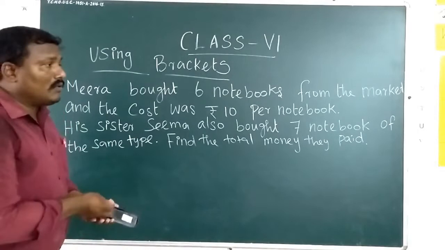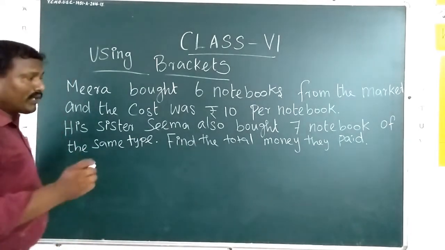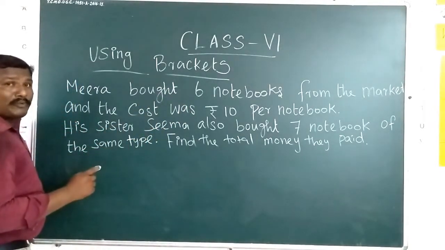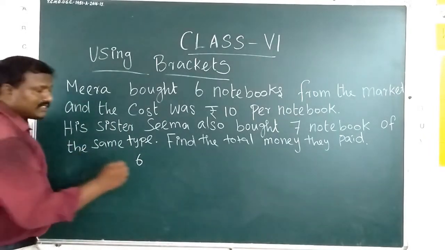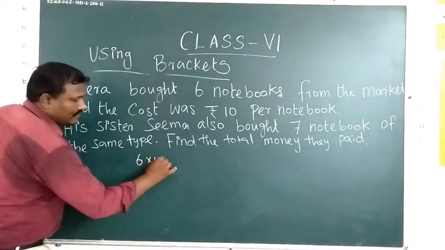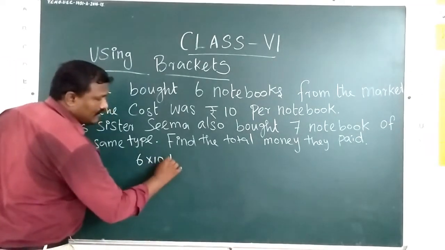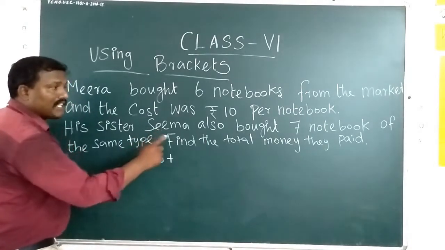Okay. So first, if you are doing the same calculation, what will you do? First, Meera, how many notebooks did she buy? 6 notebooks. One notebook costs 10 rupees, no? So 6 into 10, 60 rupees. Then Seema, 7 notebooks, no?